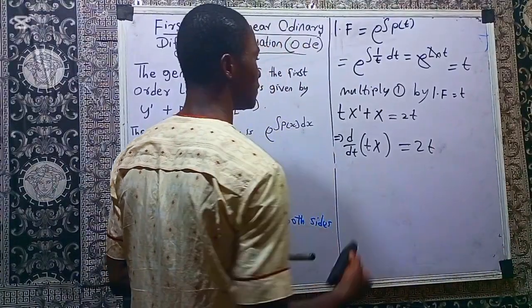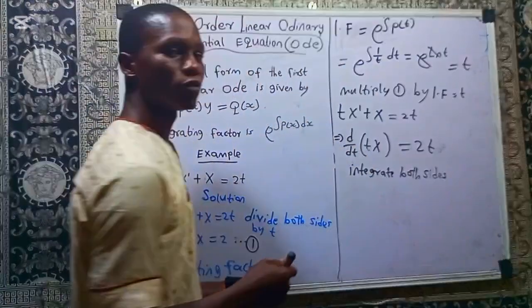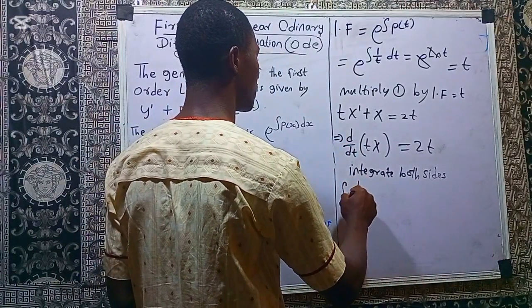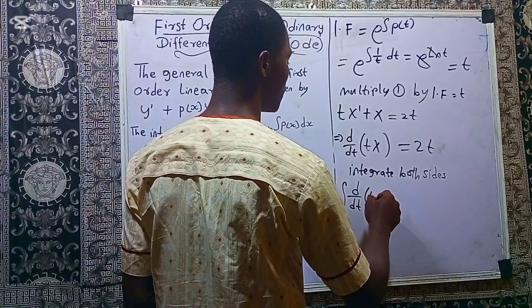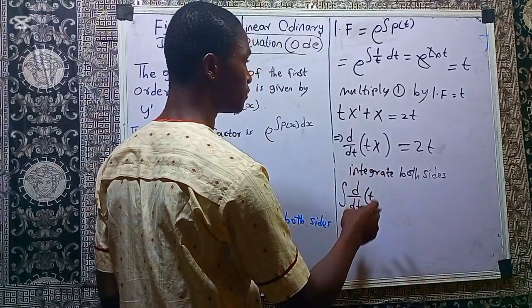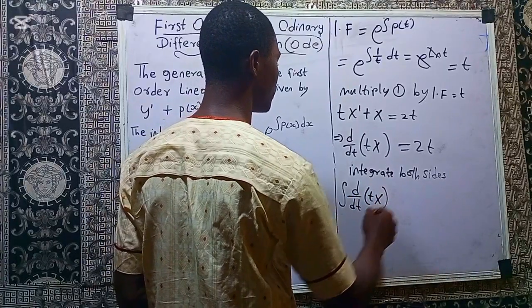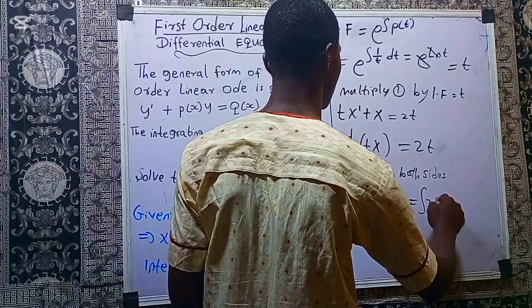After that, the next thing is to integrate both sides. So if you integrate both sides, put the integral sign here. We have the integral of the derivative of the product of the integrating factor and dependent variable, equal to the integral of 2t dt.